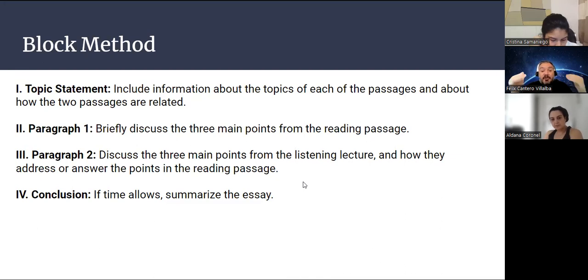However, you don't go point by point because maybe your notes are not good enough to actually answer each point, or you're not sure about something. So you separate them in blocks. And again, a conclusion if time allows, but you won't have time. I would rather you review and check your spelling and grammar and punctuation than use those 2 minutes to write a conclusion.